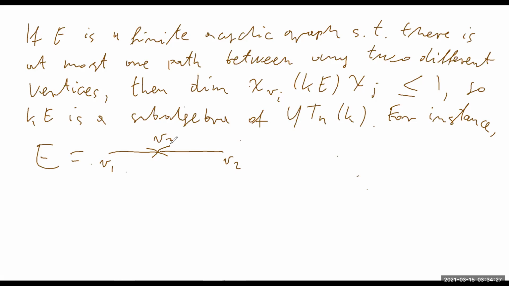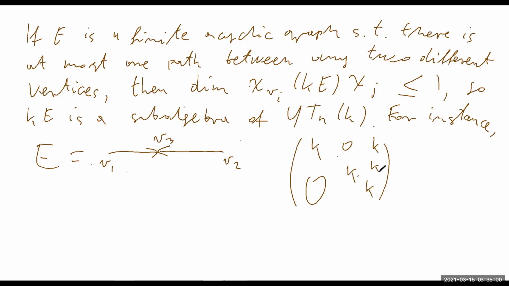So now I should write a 3 by 3 matrix. I'll have K here, K here, K here, 0 below the diagonal. And we have a path from 1 to 3, so I have a K here. There is no path from 1 to 2, and then we have a path from 2 to 3.